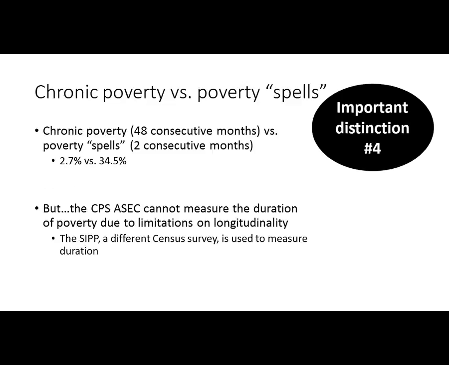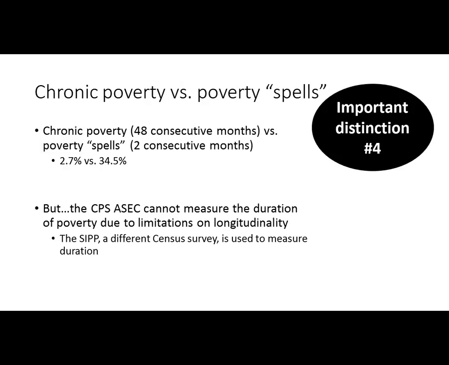Another important distinction that the Census Bureau always points out in its annual reports is the difference between chronic poverty and poverty spells. And this has to do with the duration of poverty. Chronic poverty is considered to be a household that is officially poor for 48 consecutive months, whereas a poverty spell is considered to be 2 consecutive months where the household is officially poor.